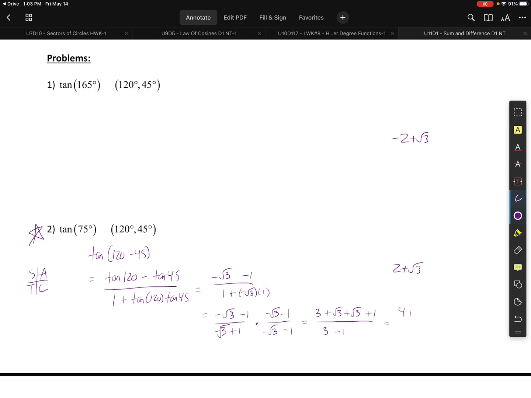So I got 4 plus 2 rad 3 over 2, which simplifies back to that. Again, it's the same answers over and over again.